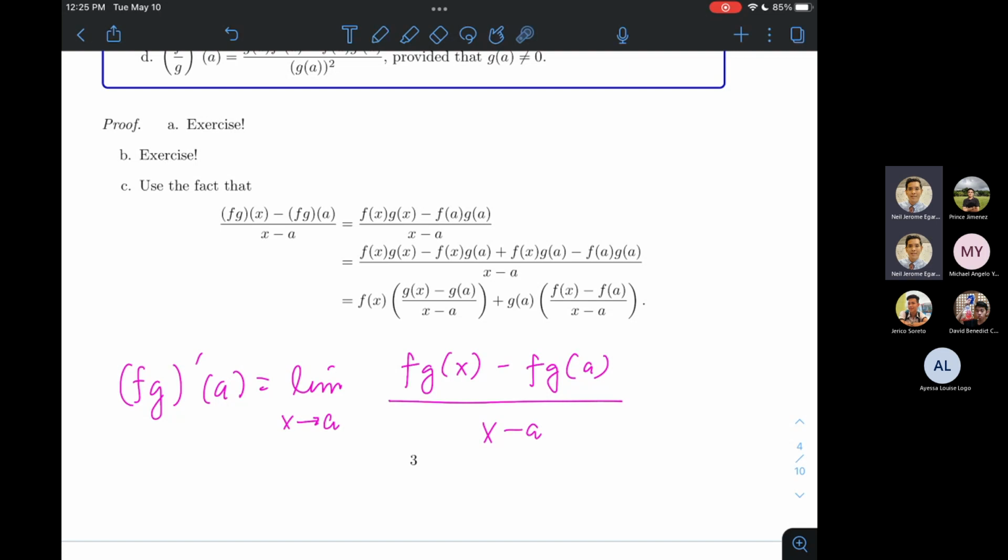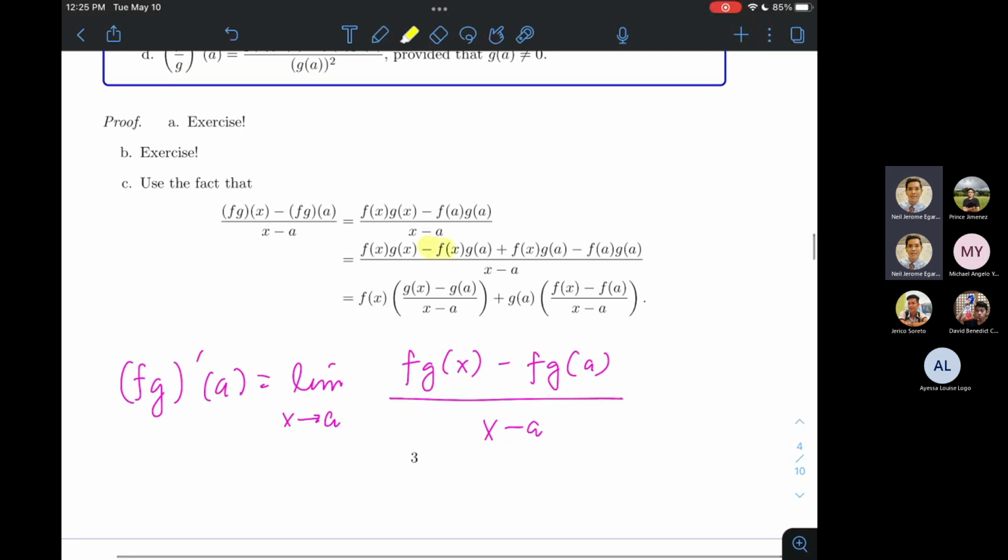So to get a formula for this guy, kailangan natin ng clever way of manipulating the argument of the limit. And the lecture notes reveal that, okay, ito yung clever way.